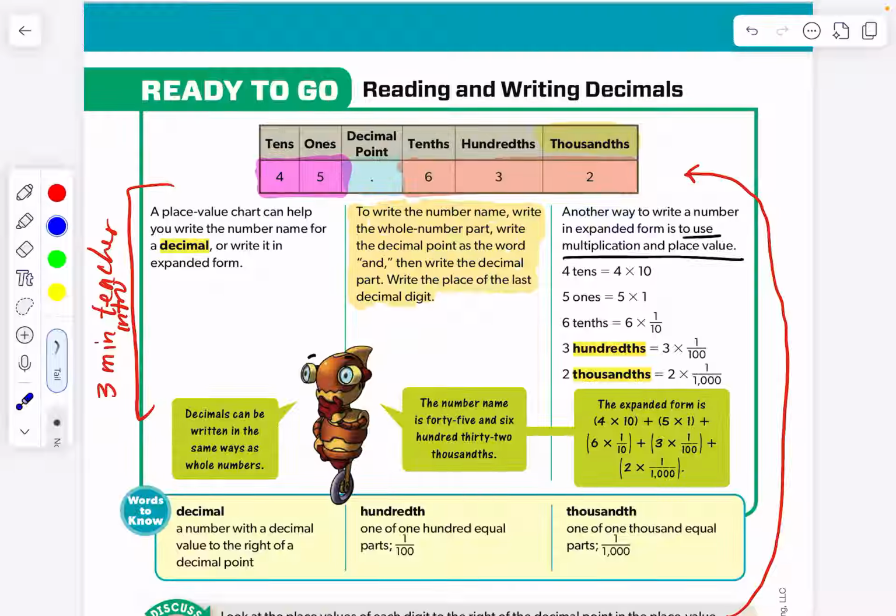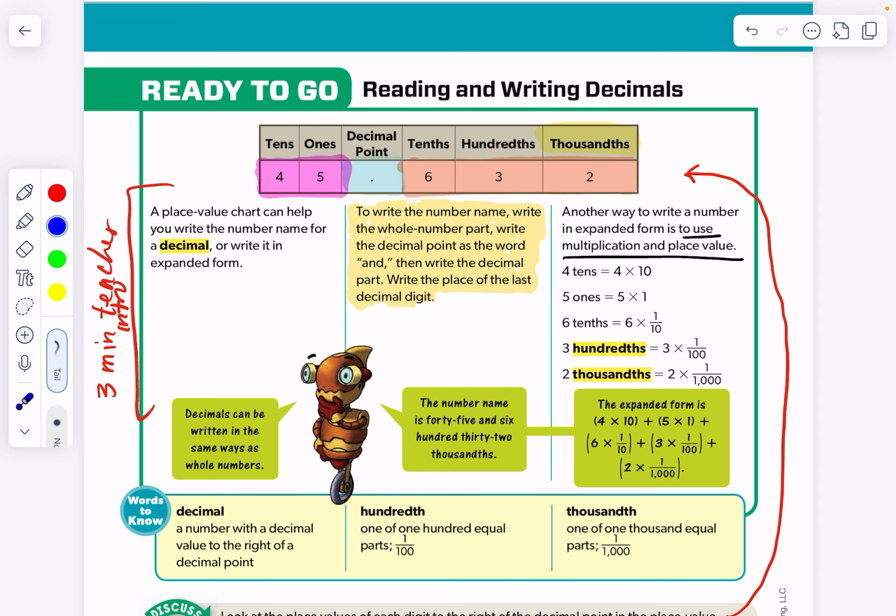Next digit is a 6 in the tenths place, and we know that a tenth is written as 1 over 10, so that 6 is in the tenths place. The 3 is in the hundredths place, and the 2 is in the thousandths place. Right? So we're essentially writing a multiplication sentence for each place in the place value chart.